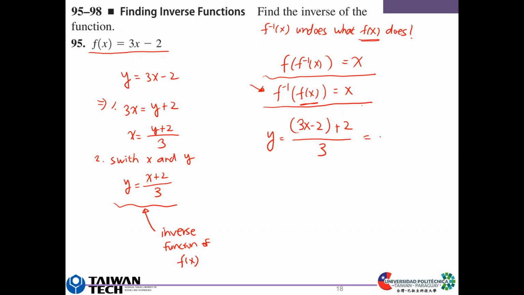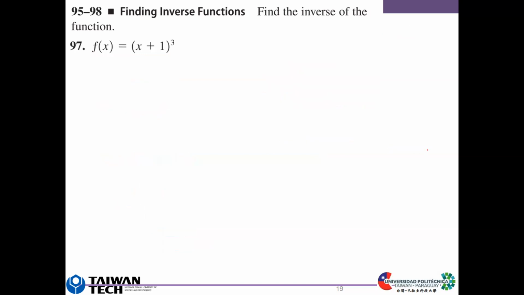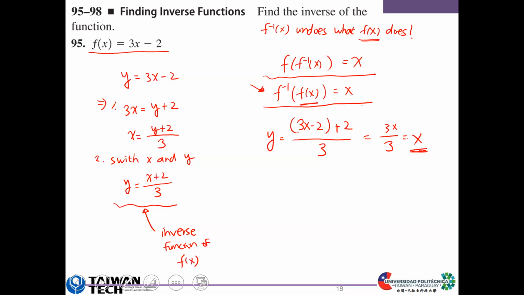Okay, so apparently this is 3x over 3, which is x. So it undoes what f of x does. So yes, this is an inverse function of f of x. Okay, so this is the definition of an inverse function.